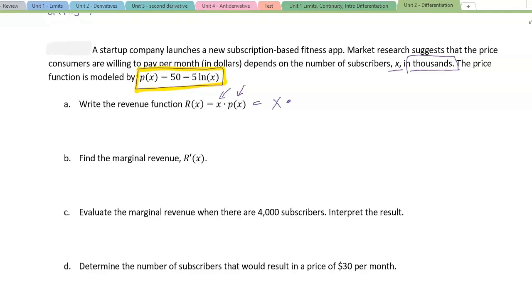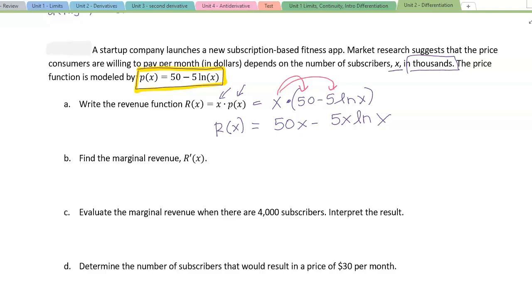So this will be 50 minus 5 natural log X. I am going to go ahead and distribute the X to both these terms to get 50X minus 5X natural log X. So that is going to be our function.